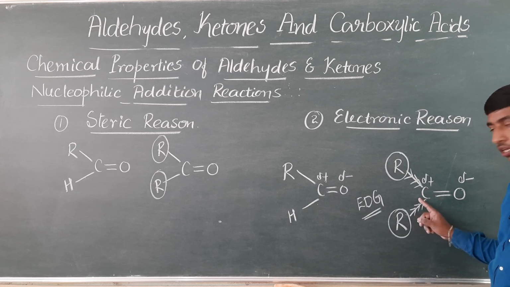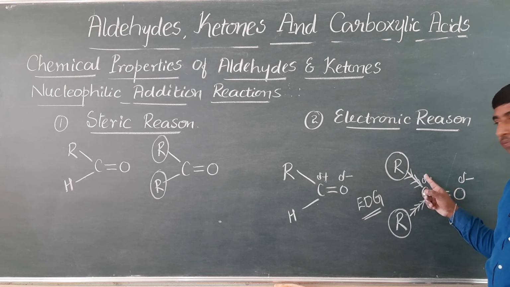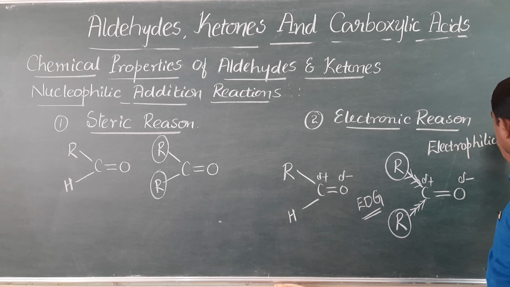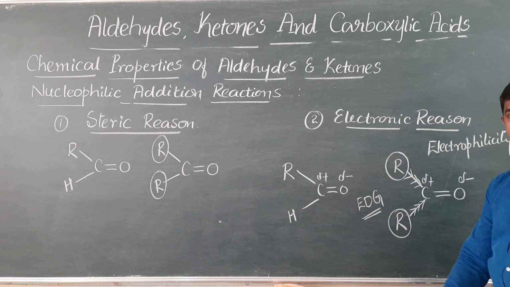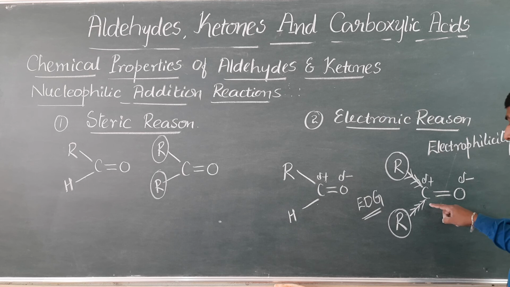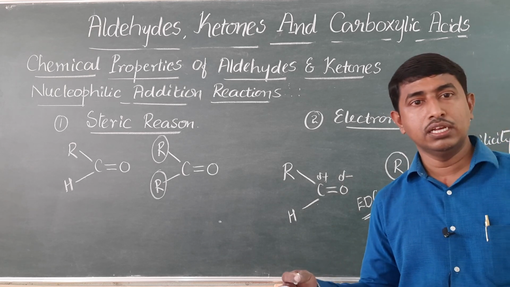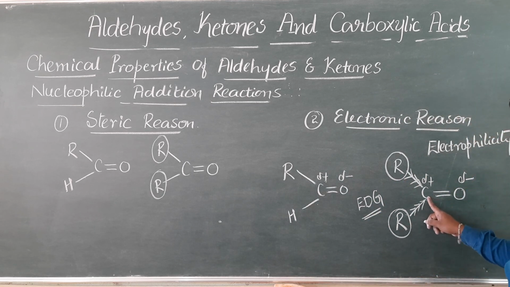As a result, the amount of positive charge, or electrophilicity, upon the carbonyl carbon decreases, or the percentage of positive charge produced upon the carbonyl carbon is less. Since the positive charge is less, the nucleophile will be attracted at a slower rate.